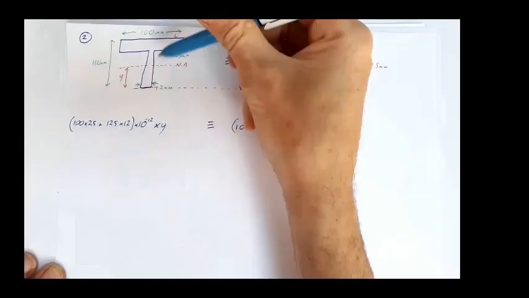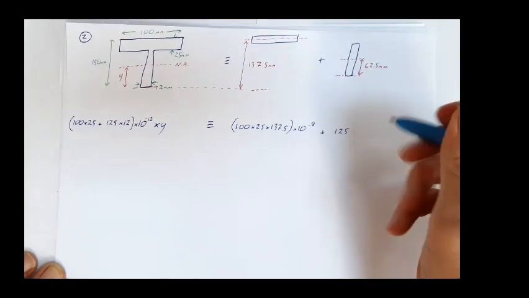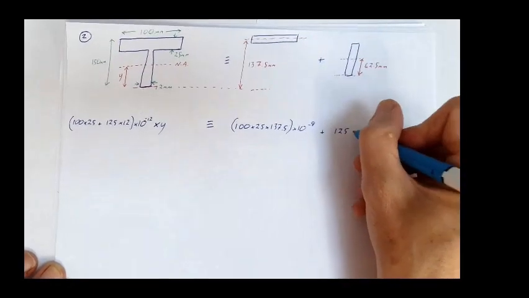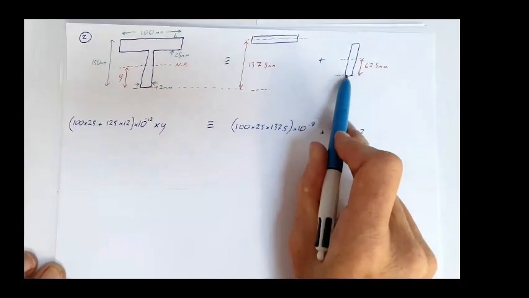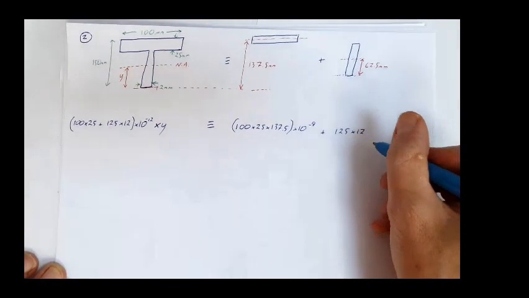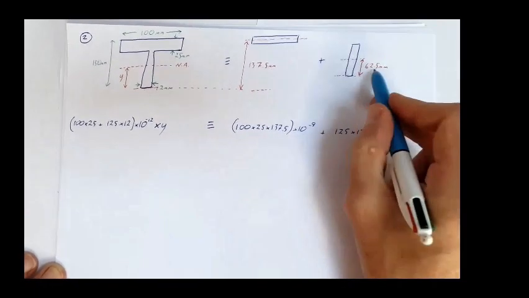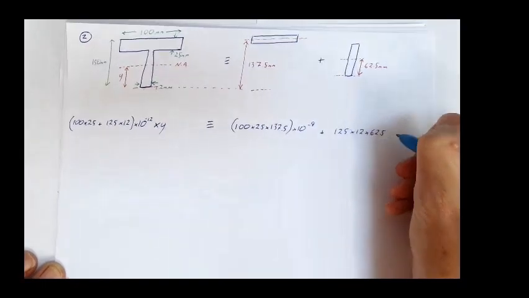125. That's this distance. 125 times 12. This distance. So that's my area, times 62.5.